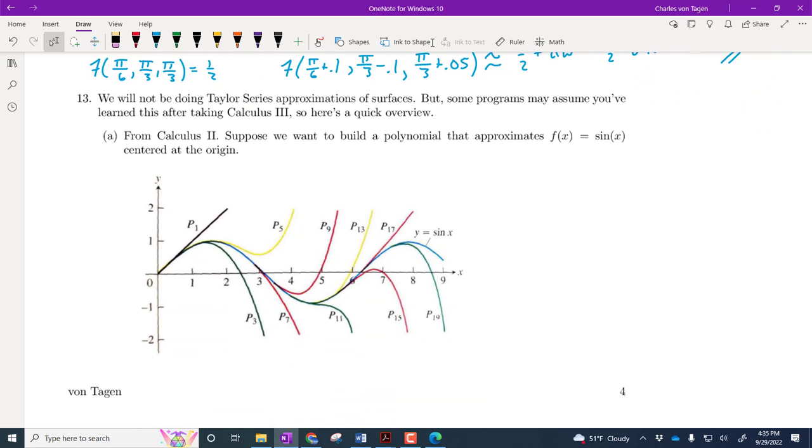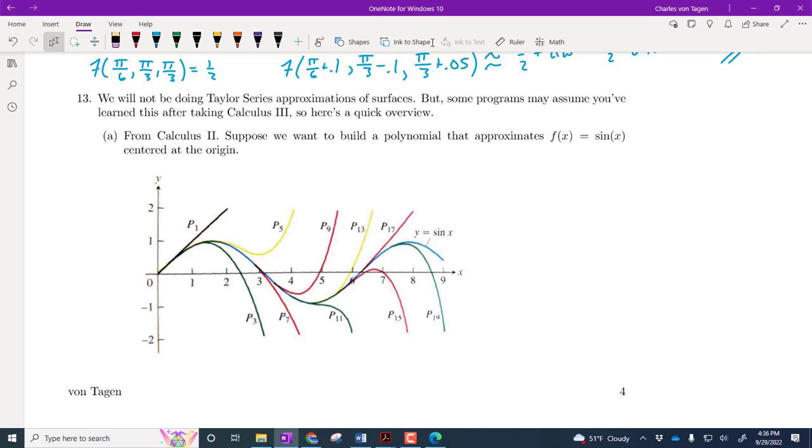What I'd like to do is point you in a direction where you may go in subsequent math courses or subsequent physics and engineering courses. Hopefully you remember that in Calc 2 we introduced Taylor series approximations to curves. So I want to just give you a quick review of that. Suppose I've got that blue y equals sine of x function.